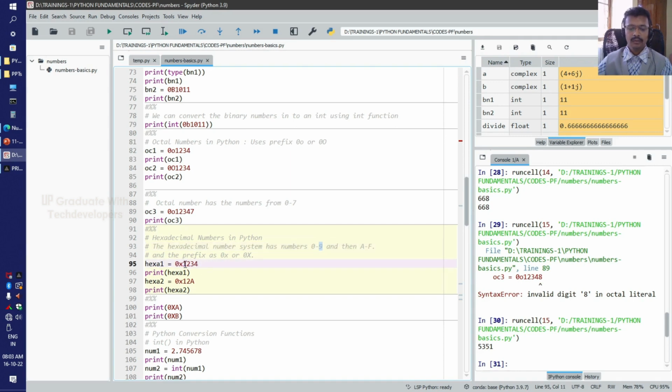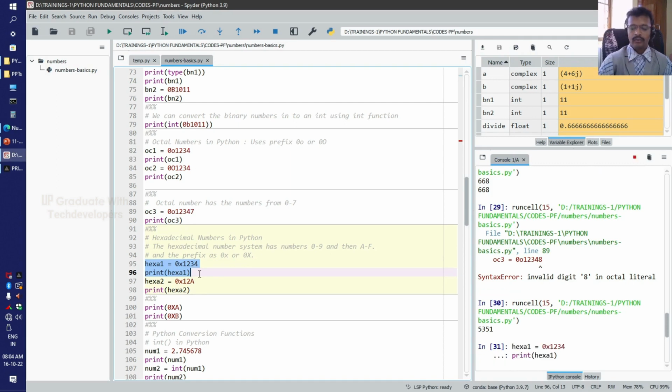Here I am creating a 4 digit hexadecimal number 1 2 3 4 by using the prefix 0x, and also I am using a instead of using 10. So look at here, only 2 digits 1 2, and then I am using a.